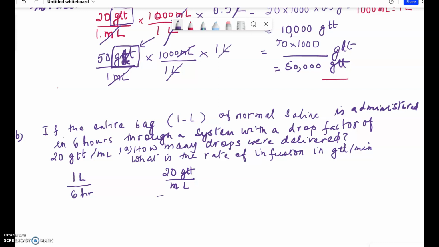So in the 6 hours, that would be 20 GTT per 1 milliliter, but then there's 1 liter that was delivered, so that's times 1 liter, which is 1,000 milliliters.